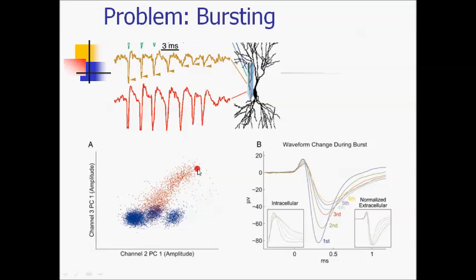So if you plot this in this space of principal components or energy, which is largely reflecting amplitude and shape, you will see that this cluster will be very elongated. So here probably it will be spikes from the beginning of this burst with this highest amplitude, and spikes which are far later will have this lower amplitude.